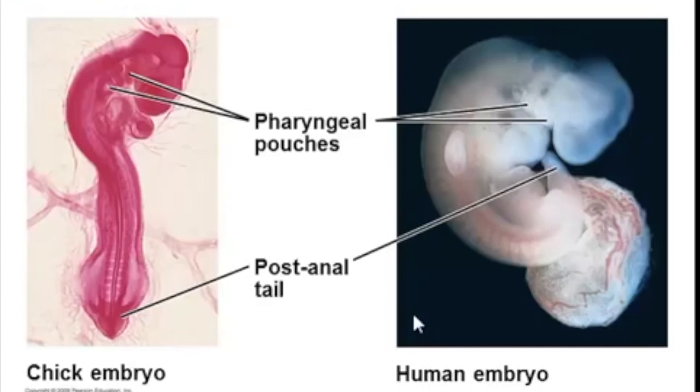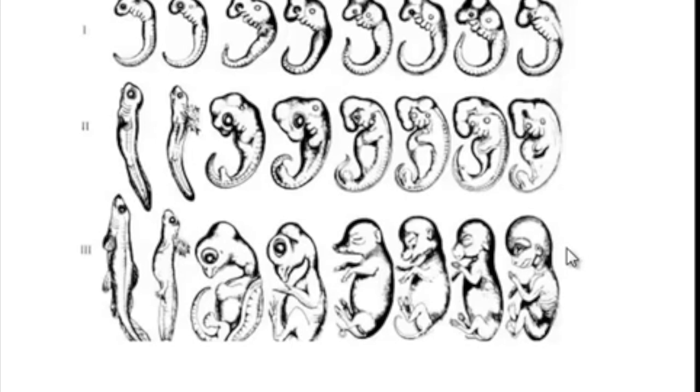One last way of looking at morphology is embryology. Embryos are very early stage developing organisms. If you compare the embryo of a chicken with the embryo of a human, you'll see a lot of similarities. And this again provides us evidence of common ancestry. And just as a little test, you can see that we resemble not just chick embryos, but many other animals.